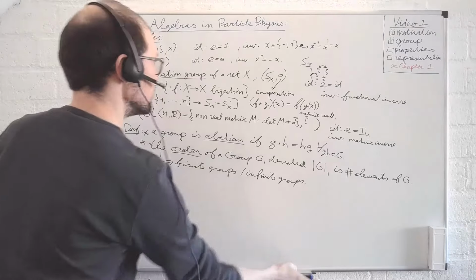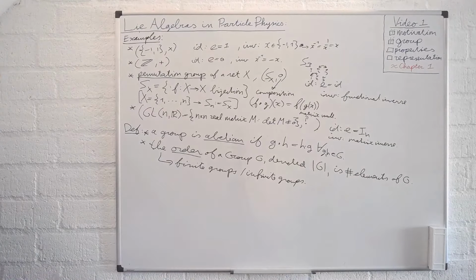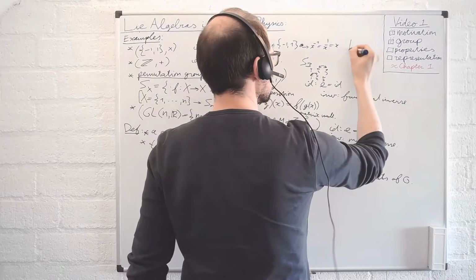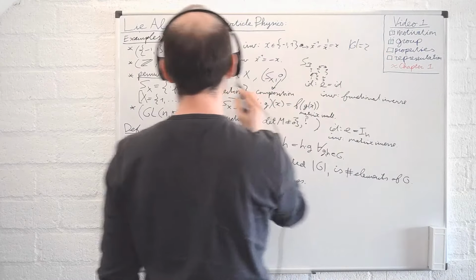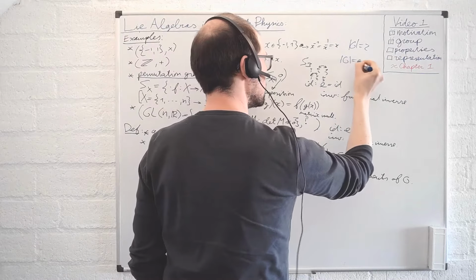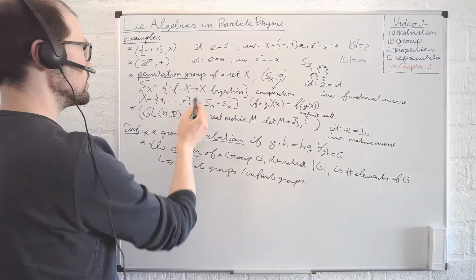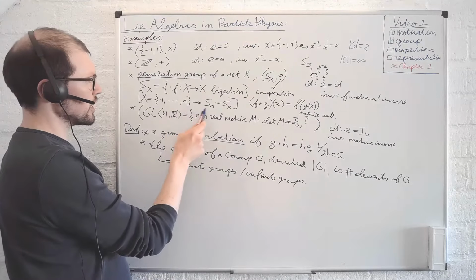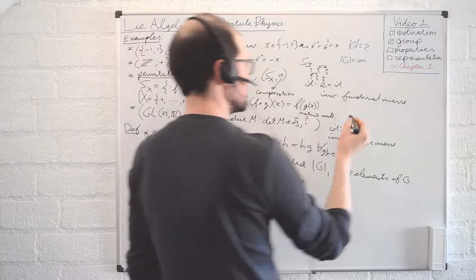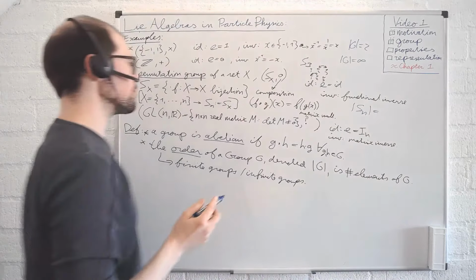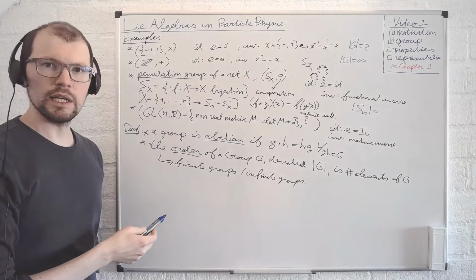So let's just see what we have in our examples. Here we have 2 elements, so I get size 2. Here we have all the integers, so this is an infinite group. Permutations: suppose I'm looking at the set of order n, so at Sn, and the order of Sn is the number of permutations of n elements.